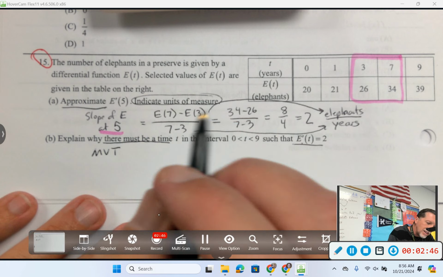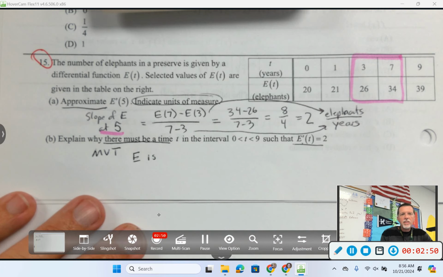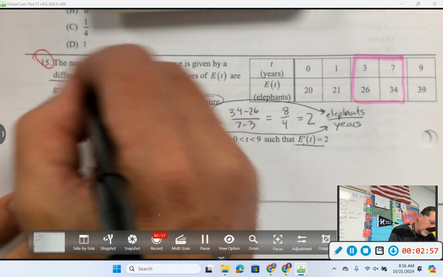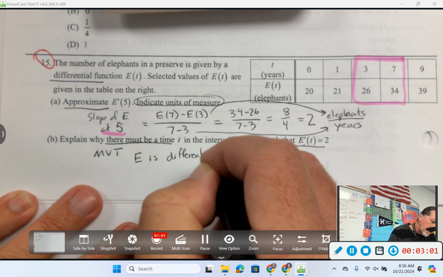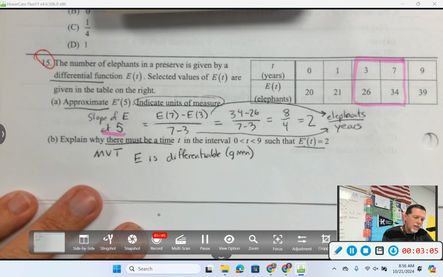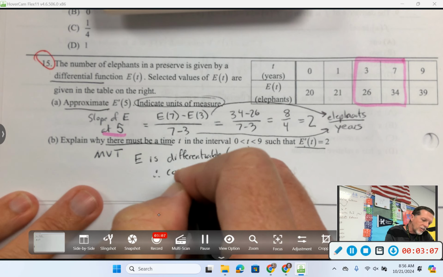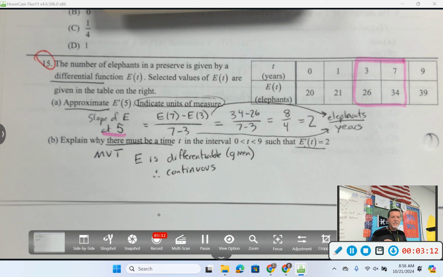So I need it to be continuous and differentiable. Is it? That's definitely differentiable. It is differentiable. That's given to us. Therefore, continuous. Differentiability implies continuity.